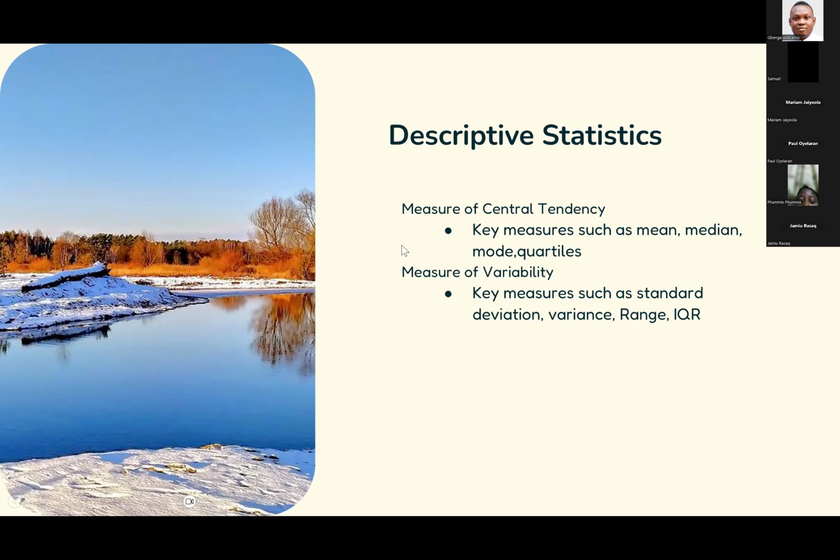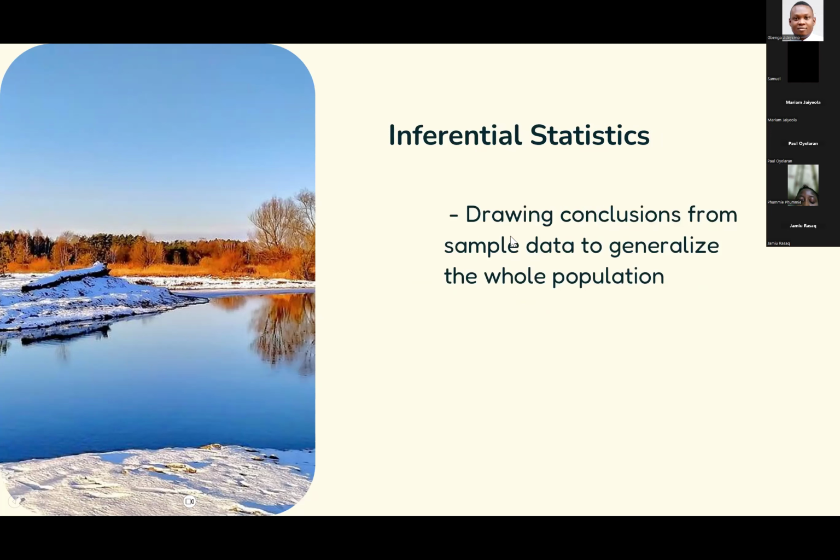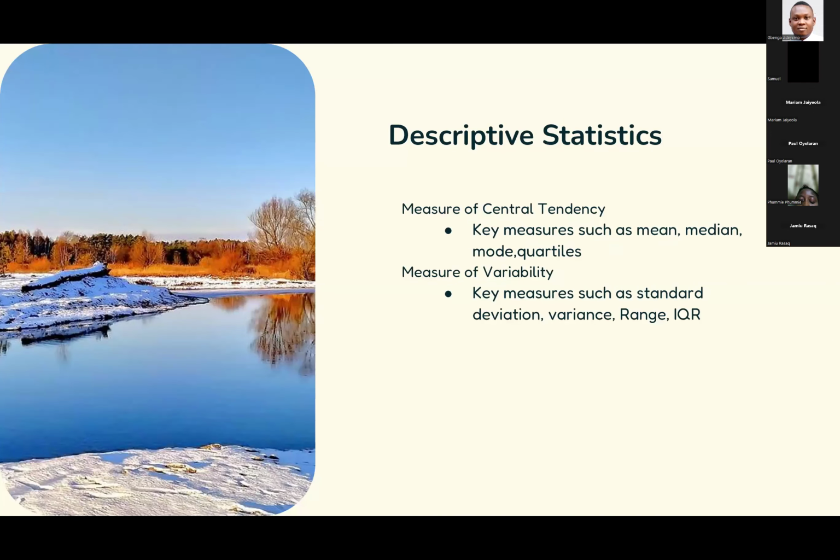So it depends on the report. If your data is normally distributed, what you'll be reporting is the mean. But when you have data that is not normally distributed, that's when we look at the median. Because at times when you have outliers in your data, it affects the mean.